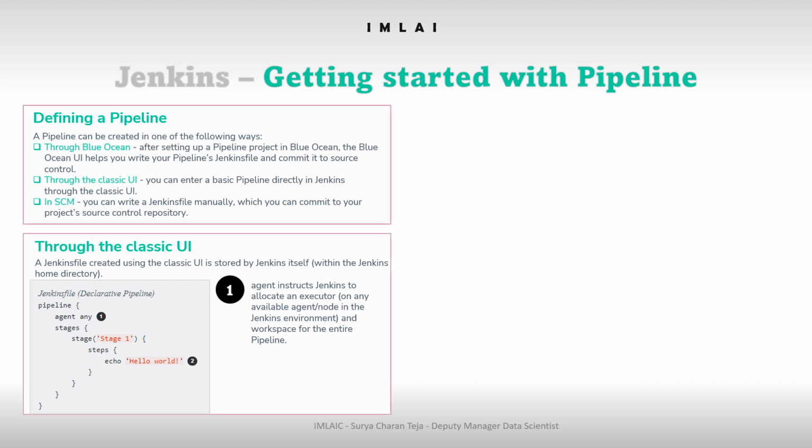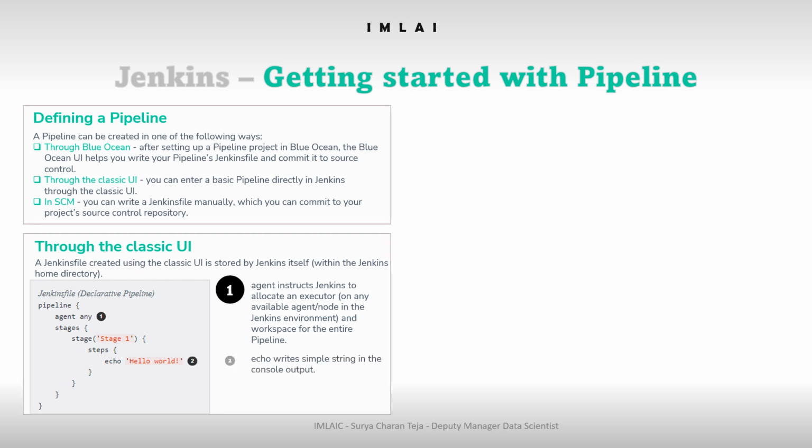If you have a few other servers, you can mention another server as the agent, and execute the Jenkins file and run the pipeline on that server from this server. I hope you got it. It's nothing complicated. If you mention agent any, it's fine, anything will be considered. But if you mention a specific server which is not the present server, then you can execute your pipeline on that server from your presently working server.